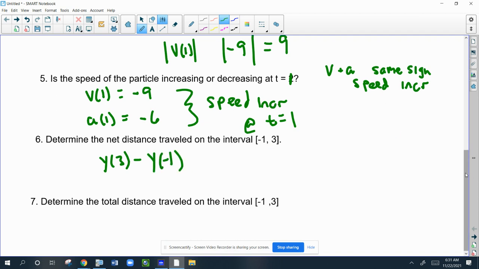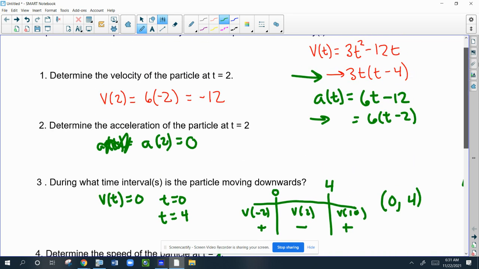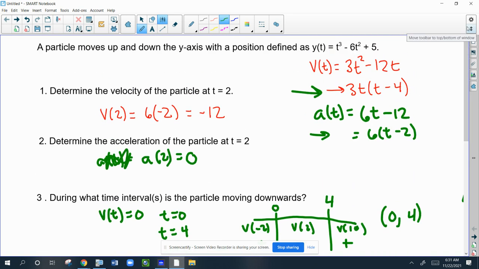So its position at 3, if you plug in 3 to this position equation, would be 3 cubed, which is 27, minus 6 times 9, plus 5, which is -22.